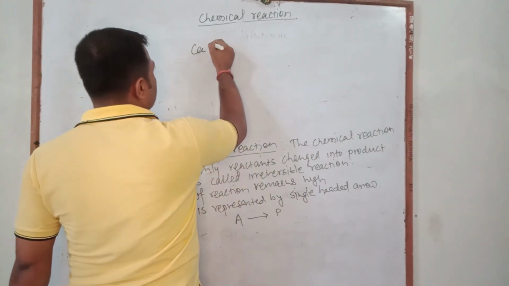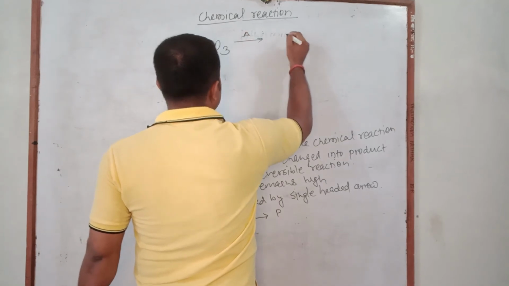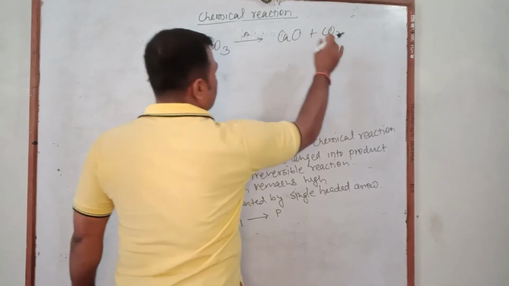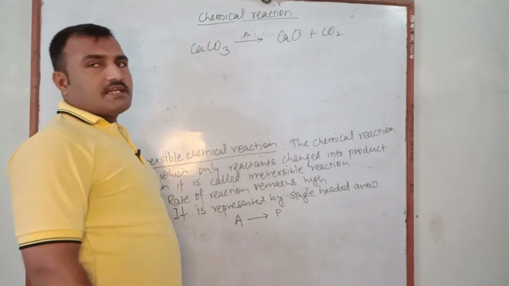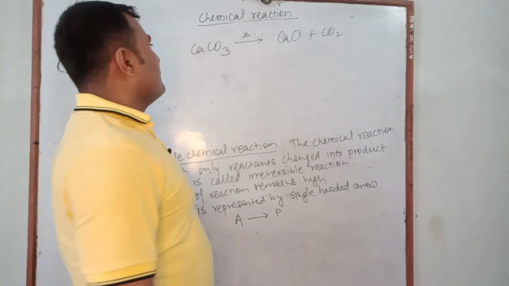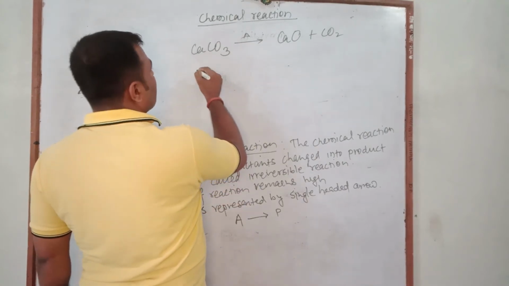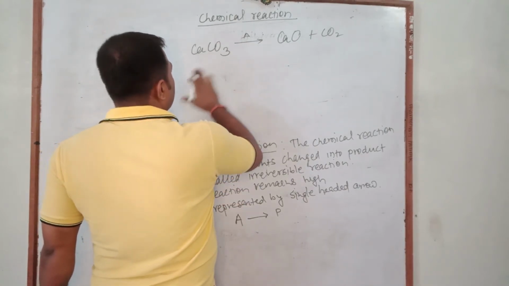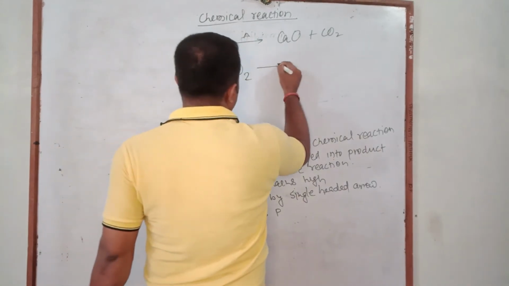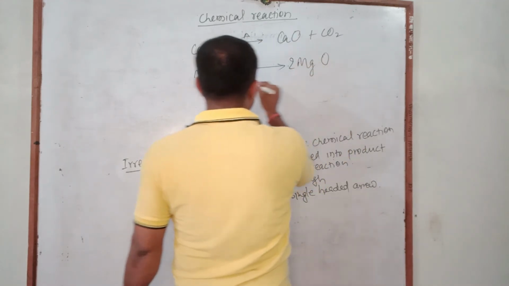For example, when limestone is decomposed in the presence of heat, it gives calcium oxide and carbon dioxide. Again, calcium oxide and carbon dioxide do not combine to give calcium carbonate. Similarly, when magnesium burns in air, magnesium oxide is formed.